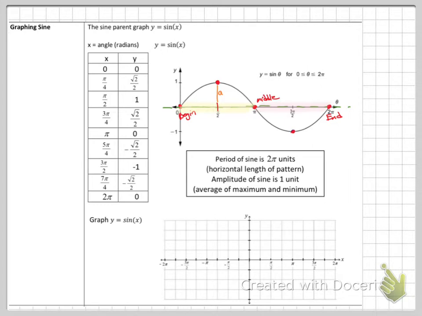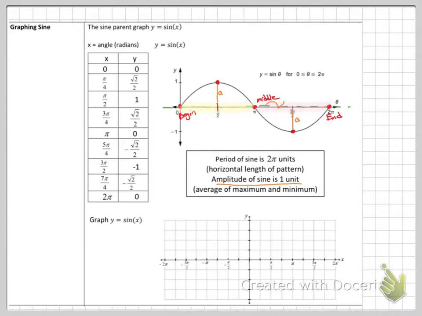So this point is opposite the amplitude. So it's still a distance of A, but it went downwards, A for amplitude. So down here it says the amplitude of sine is 1 when there's been no transformations. So we're going to find the beginning and the end, we're going to cut it in half, and then we're going to cut those in half again.